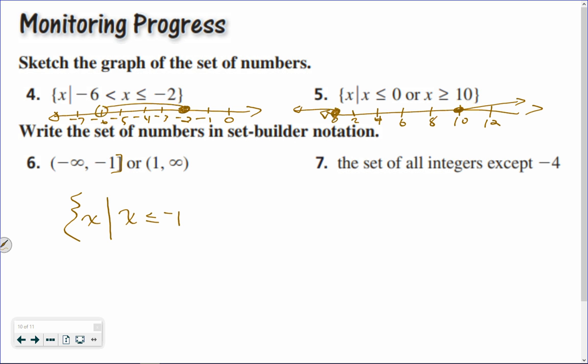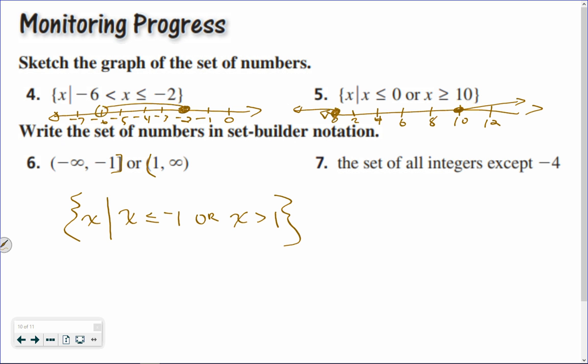Less than or equal to -1, or X is greater than, and it's open, because of my parenthesis, greater than 1. And then close it. Is everybody good on that? Give me a thumbs up if you're good, thumbs down if you're not so sure.